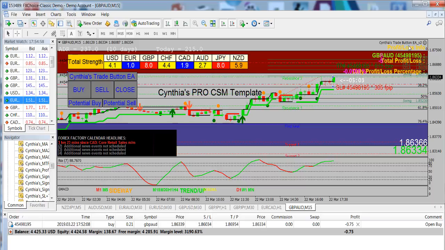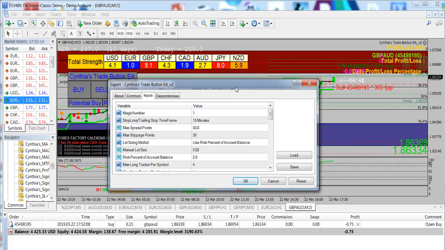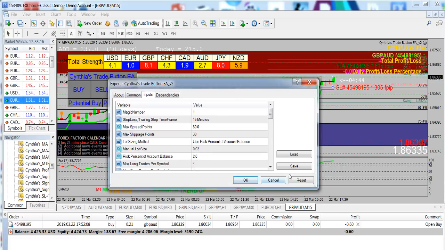Now the EA is taking over the trade according to the preset file that you've chosen. So this is the pound Aussie, which moves really well. You can choose a scalping preset file for a Friday afternoon if you want to. And the default settings, like I mentioned in my trading video yesterday, the default settings for the trade button is scalping.